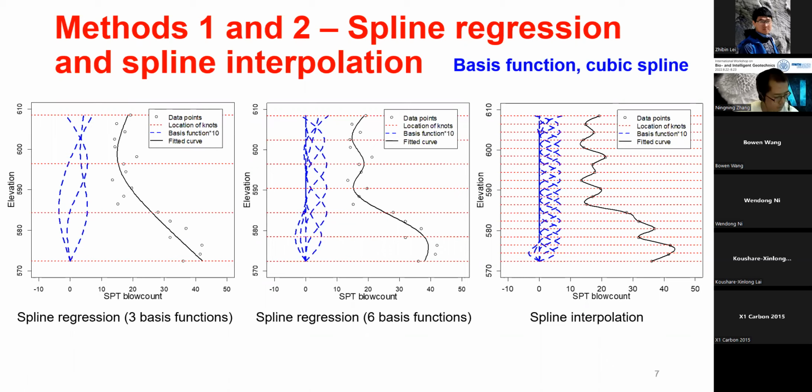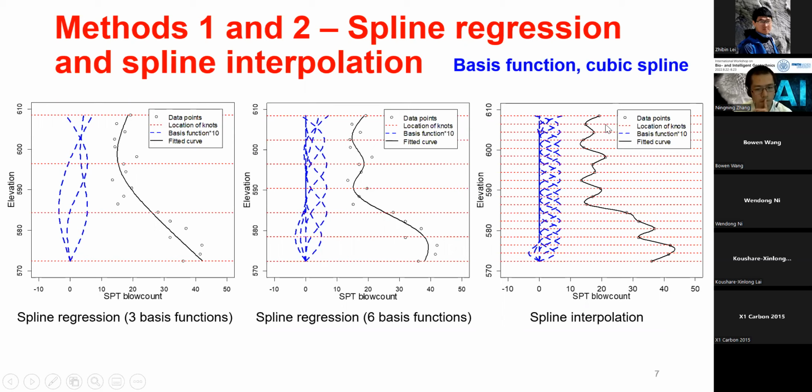The connection points of these different pieces are called knots. The dashed line represents the location of the knots. In the center figure, the fitting outcome uses 6 basis functions, while on the right-hand side is the fitted curve using 12.